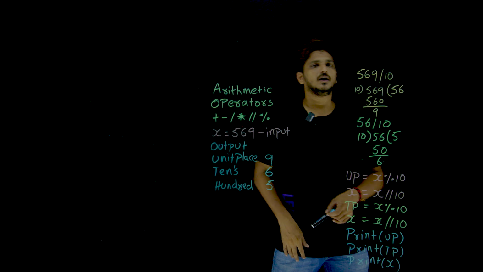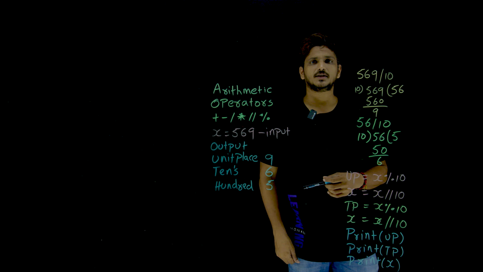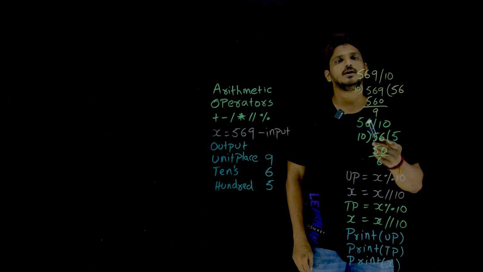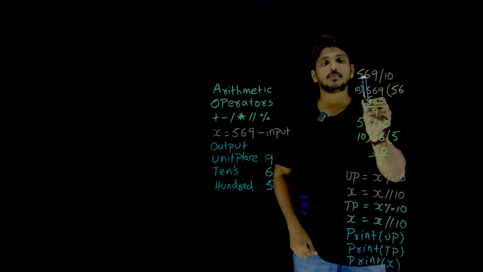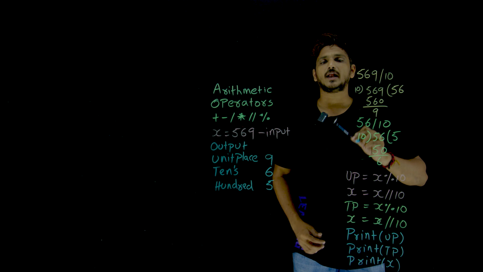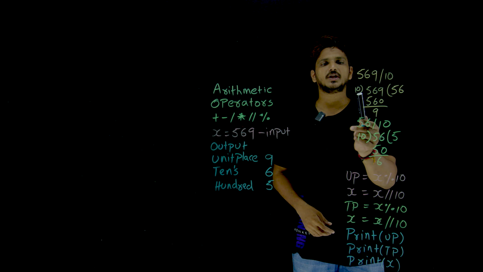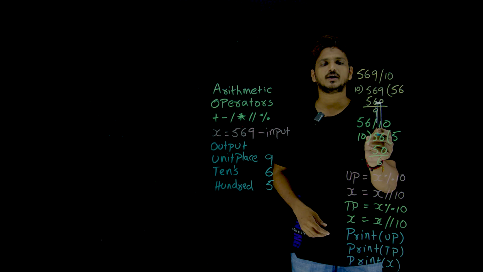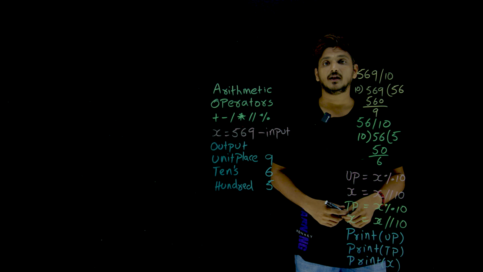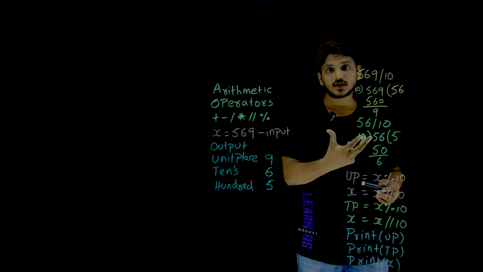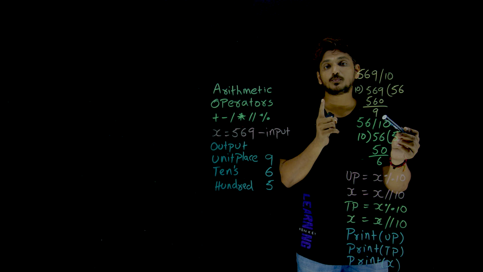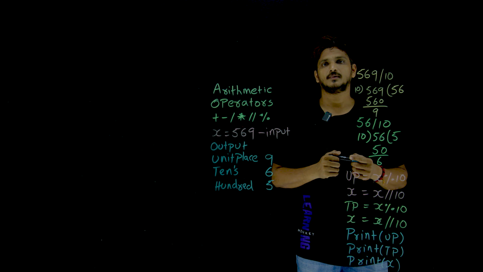Now, coming to the solution part, let's see this. Given number 569, suppose you divide this number 569 by 10, see what happens. 569 divided by 10, 10 times 56 is 560, what is the remainder? 9. By looking at this, you understand 9 is the units place value.